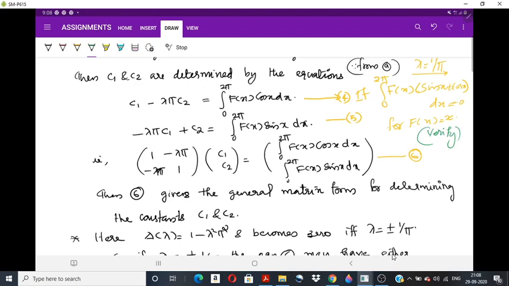Okay, now I'm trying to find the solution for the case when f of x is equal to 1, and also how to proceed when f of x is equal to x. So equation 6 gives the general form for any f of x. The values c1 and c2 are determined by solving equation number 6.